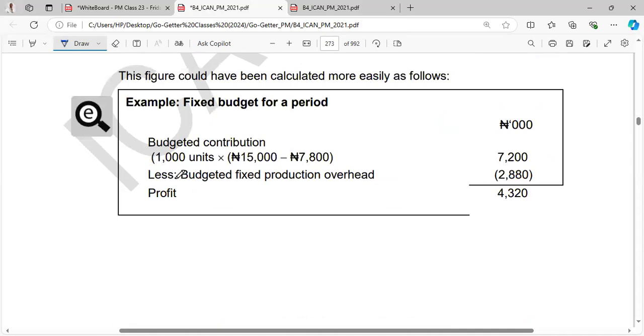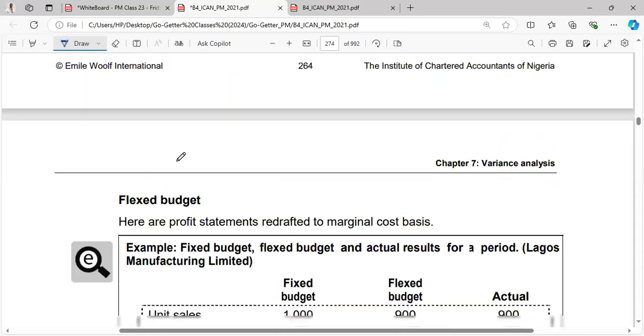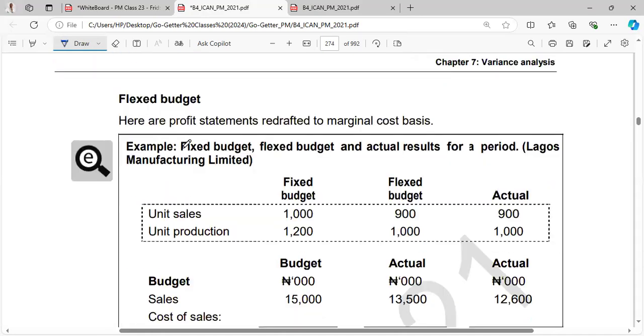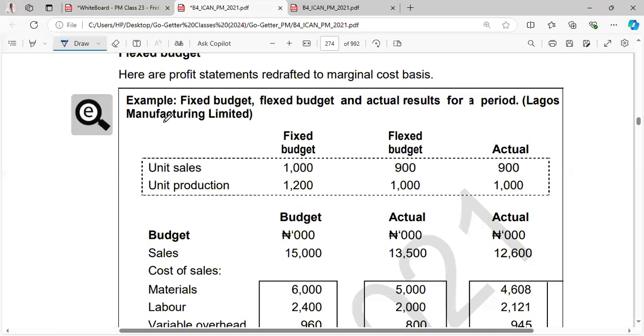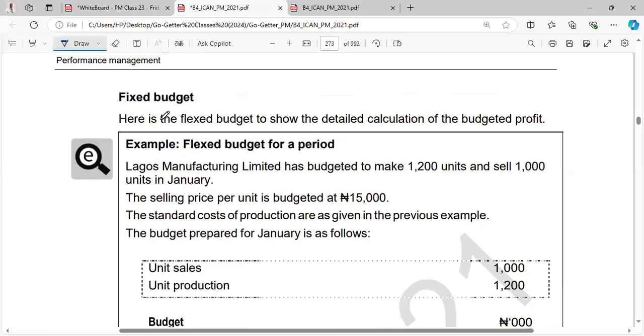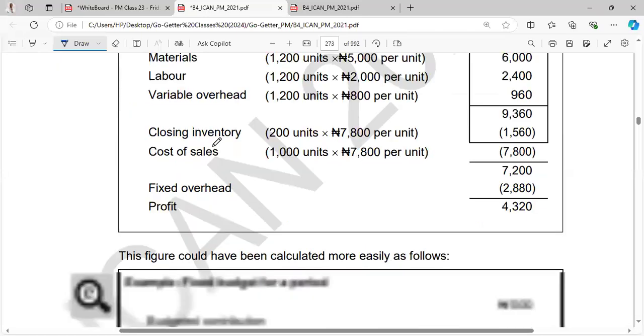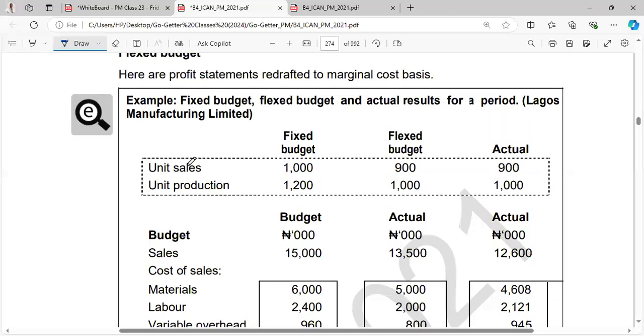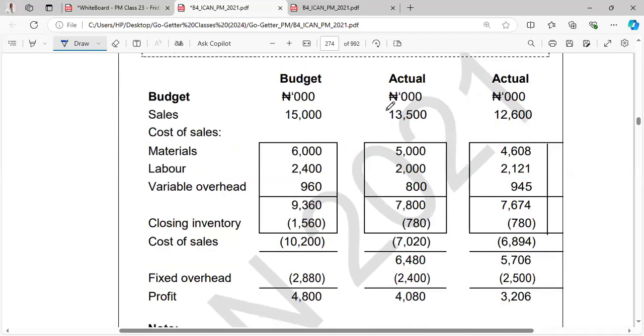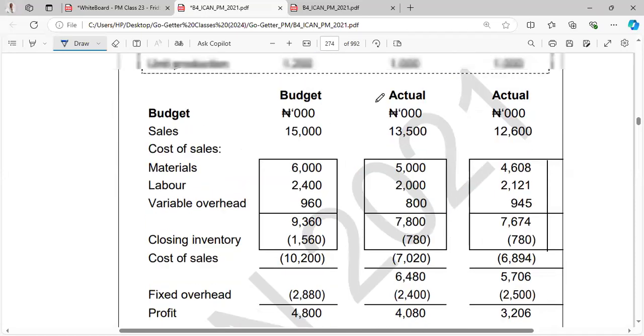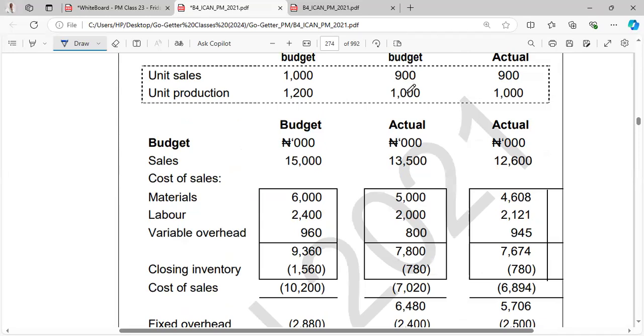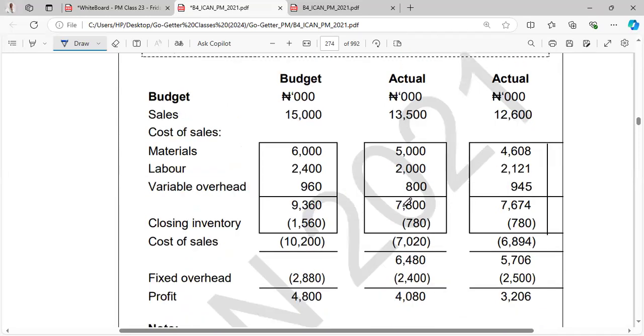And when you bring your fixed production cost, it's still the same thing. Sorry, this was supposed to be fixed. Yes, fixed. I don't know why I was calling it flexed. The same thing we tried to achieve, but now this is adjusted to unit of production 1,000. So the same as before.